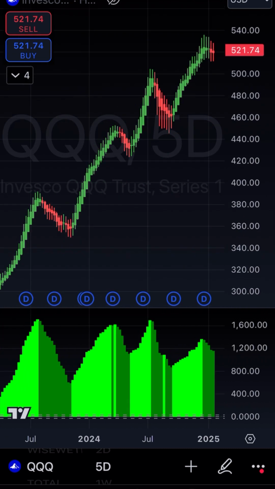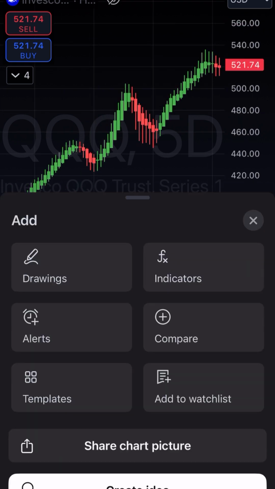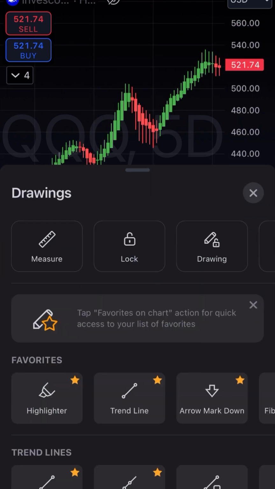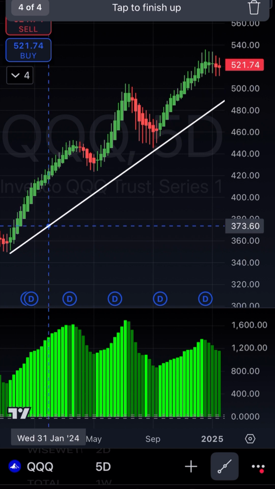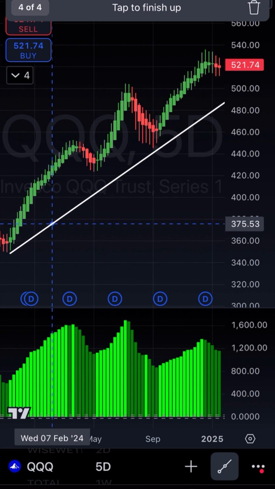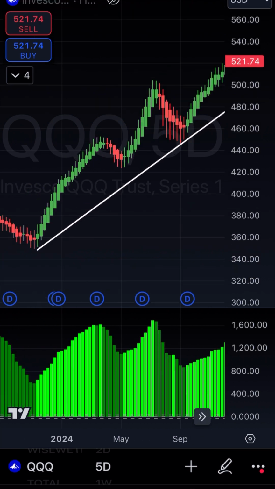So it's pretty much the same thing. Okay, so we have a ray tool, from here, this is our 5-day chart. Come right here, right about here. So there's your trend line.